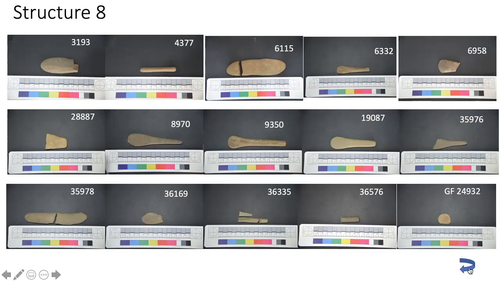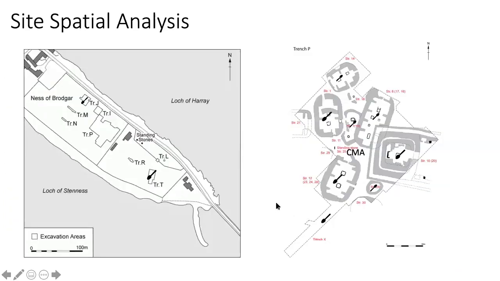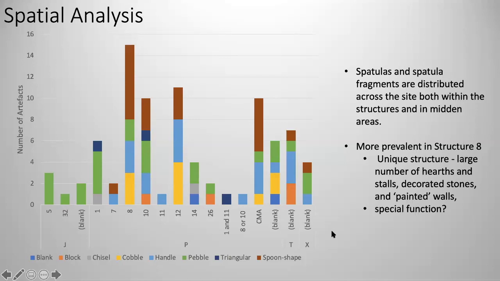So if we chart the different shapes across the site, trench J on the left here, trench P in the middle, trench T and trench X, and then all of the structure numbers along the bottom of the chart here.